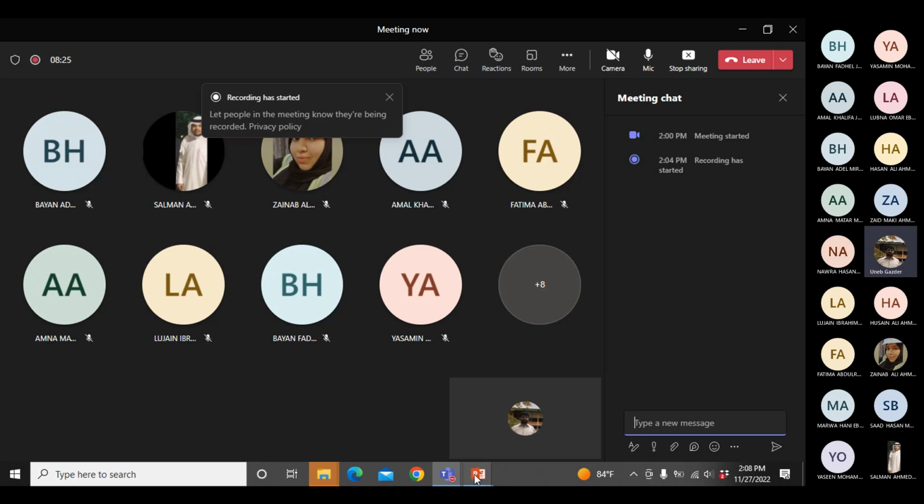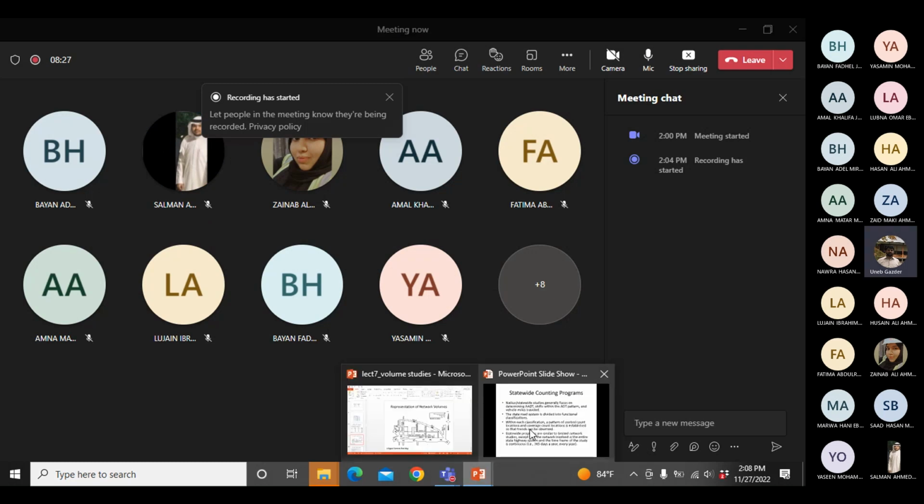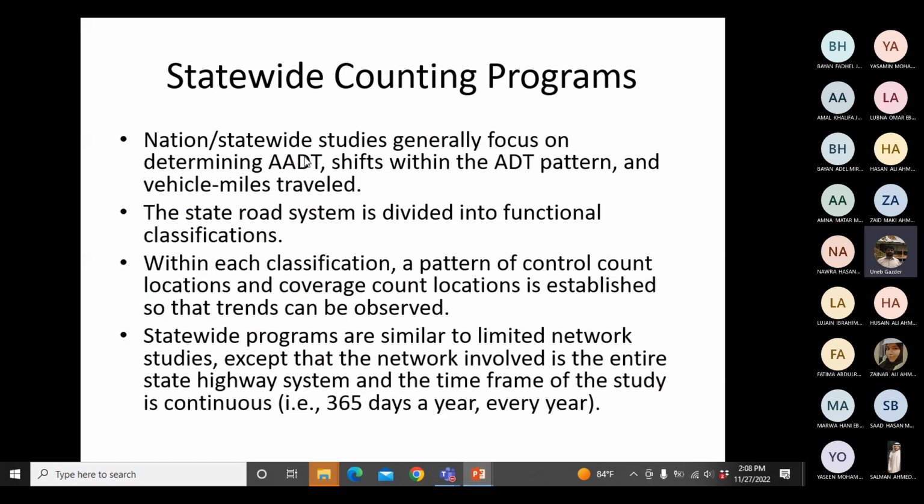So they want to know the average annual daily traffic on each segment, and it's annual, so it's the average of the entire year. But we have seen earlier in this chapter that traffic changes in different months and seasons as well.